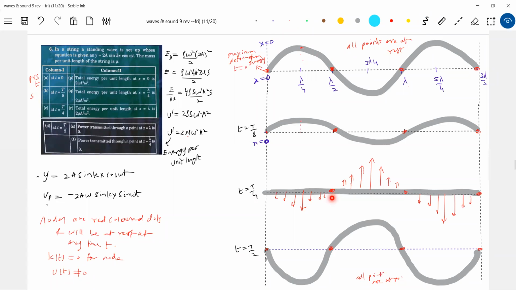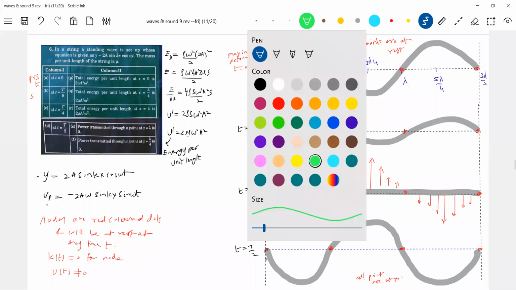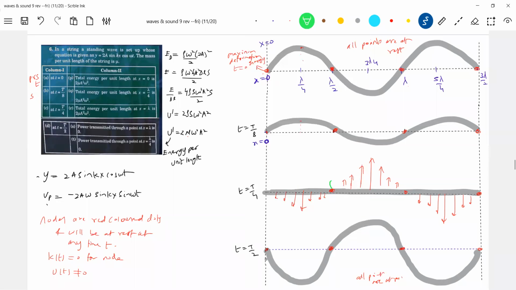This is a node. So first, total energy per unit length at x equal to 0 is, what is the deformation? No deformation here. So when there's no deformation, no question of any energy present here. It is at rest and no deformation. And here also no deformation. So what about option P and R? P and R are ruled out.